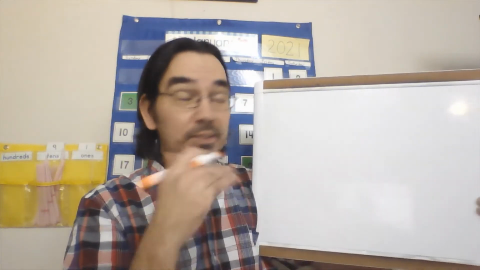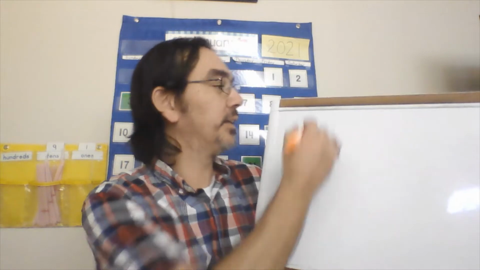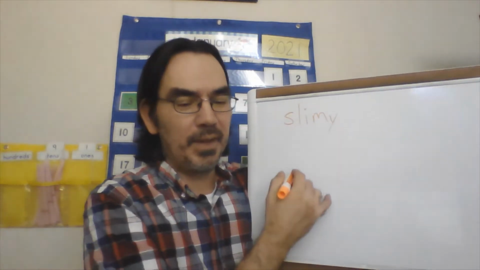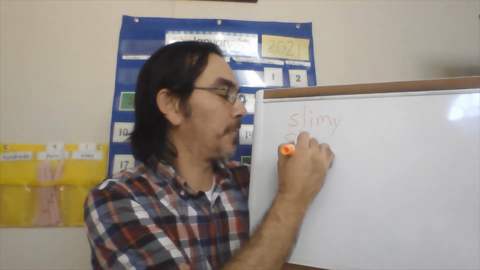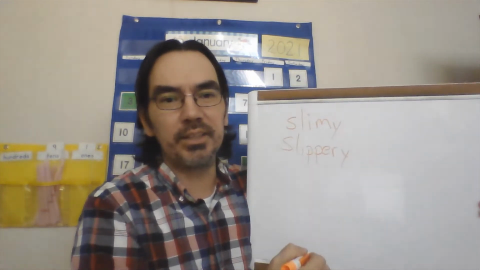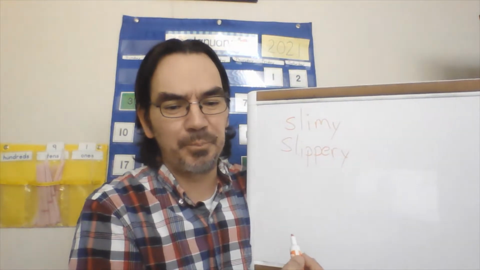Some of these words will be Y words that sound like an I, and some will be Y words that sound like an E. You might even find some other sounds in here. So let's check it out. First, Dylan sent us slimy, slippery.